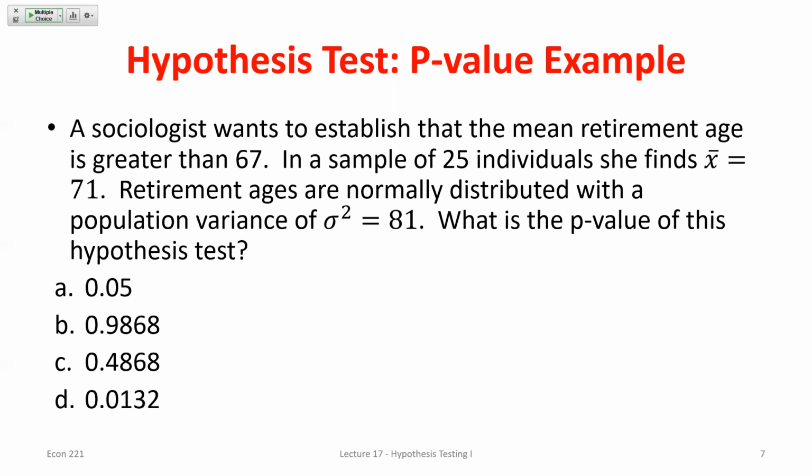Now, I could do this in steps. So we look at that denominator down there. That just represents the standard deviation of my sample mean. So I could calculate that ahead of time if I really wanted to. Well, that would be the square root of my population variance, which is 81, over my sample size, what was that? 25. So this is the square root of, this would be what? 9 over 5.